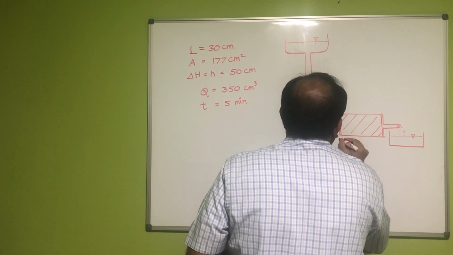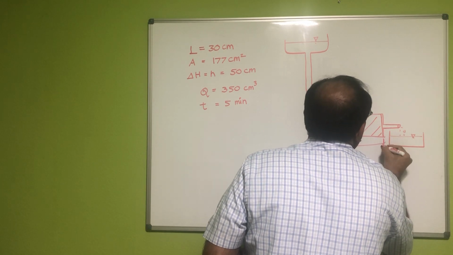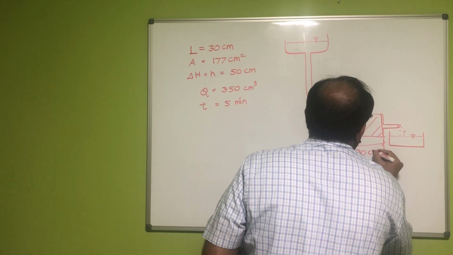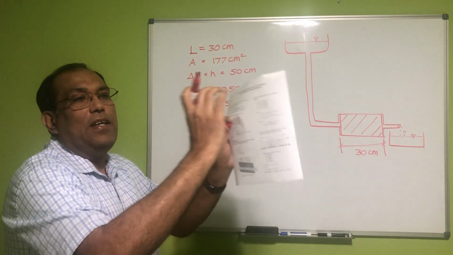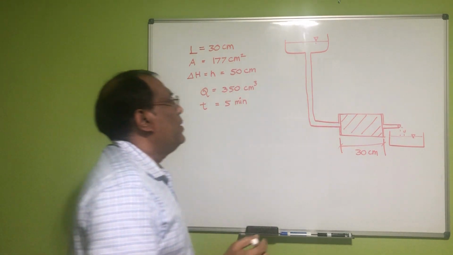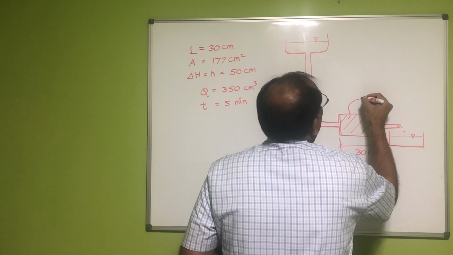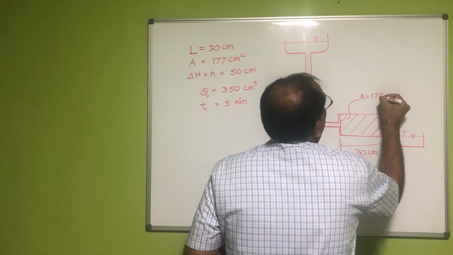The length of this one is basically 30 centimeter. This is a cylindrical shape specimen, so the area of this one is 177 centimeter square.